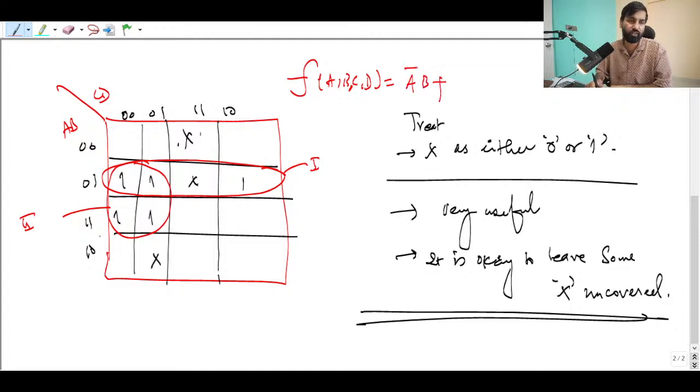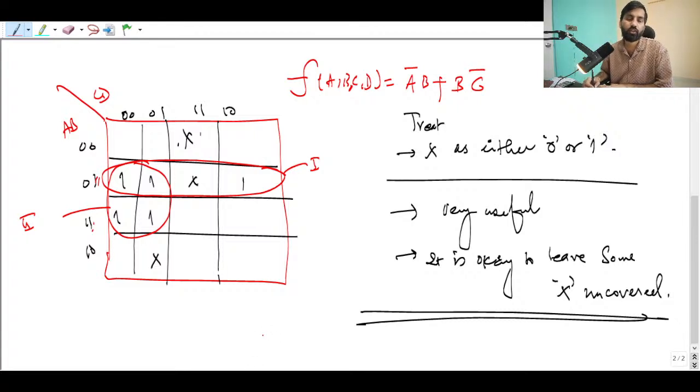If you move like this, here b is not changing, and in this direction c bar is not changing. So you get a bar b plus b c bar. A bar b plus b c bar, yes, you can get it like this. I hope this makes sense.